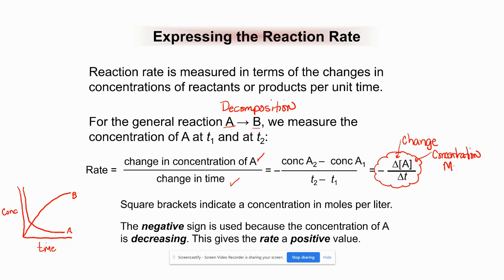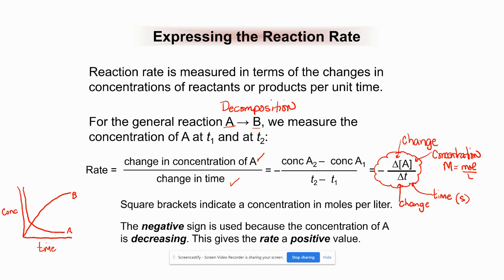And if you recall, molarity is moles per liter. On the bottom part, again, change. And we have t for time. Time can be any unit of time, seconds, minutes, hours, days. The common one will be seconds. But just keep in mind, it can be any unit.